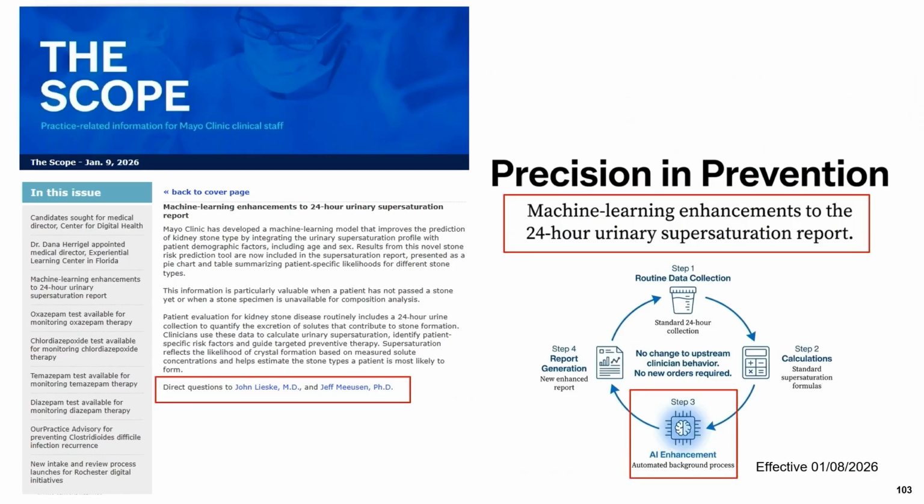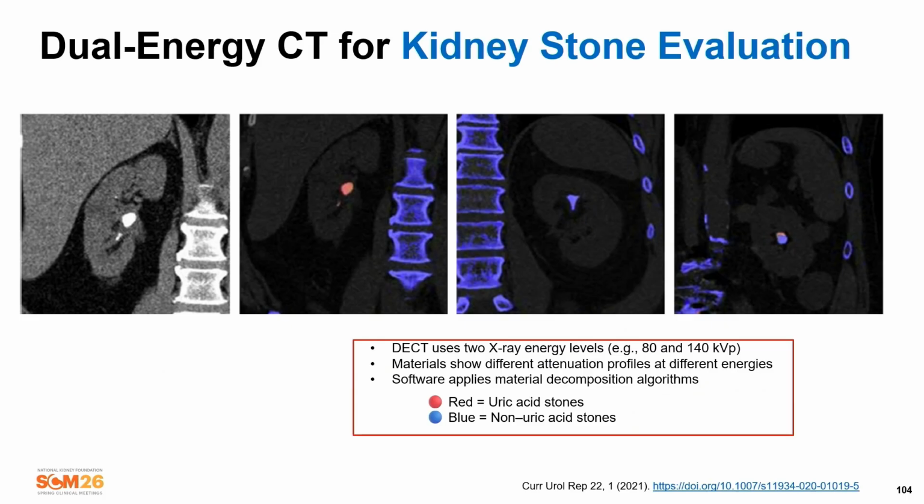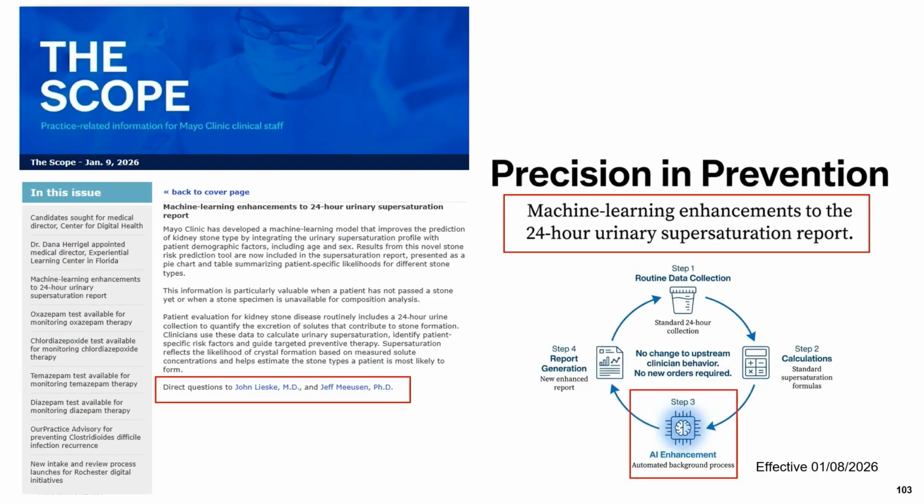Now I'm going to show you what else is not GPT related. So our kidney stone prediction model, we already incorporate into our kidney stone care. When the patient comes to see us, the patient has the report of the urine supersaturation study.